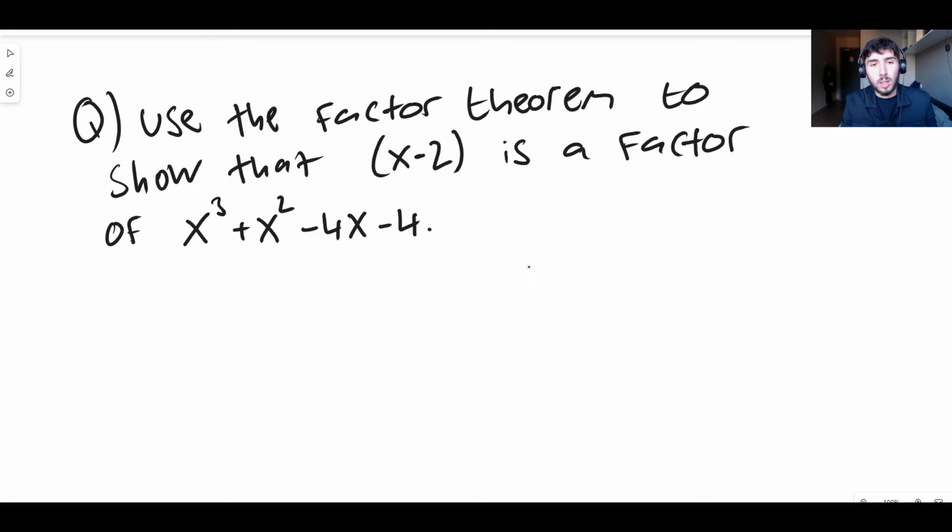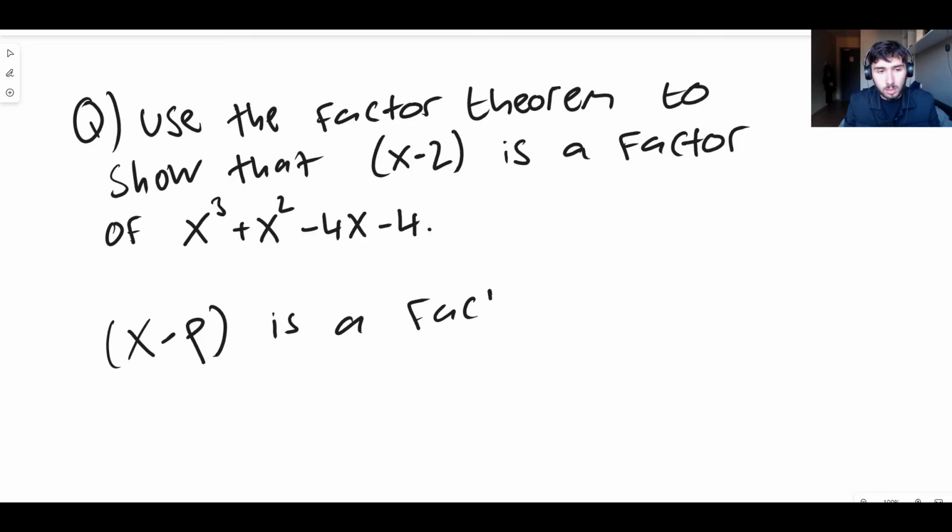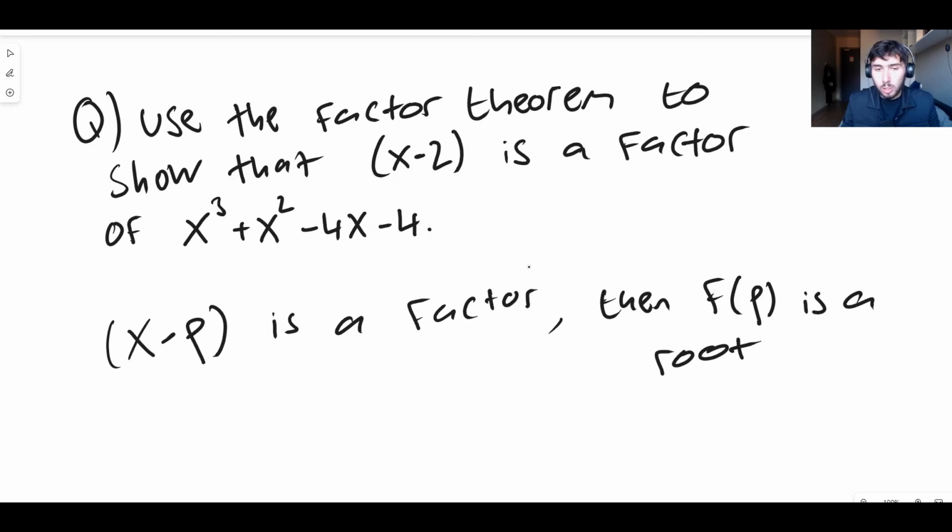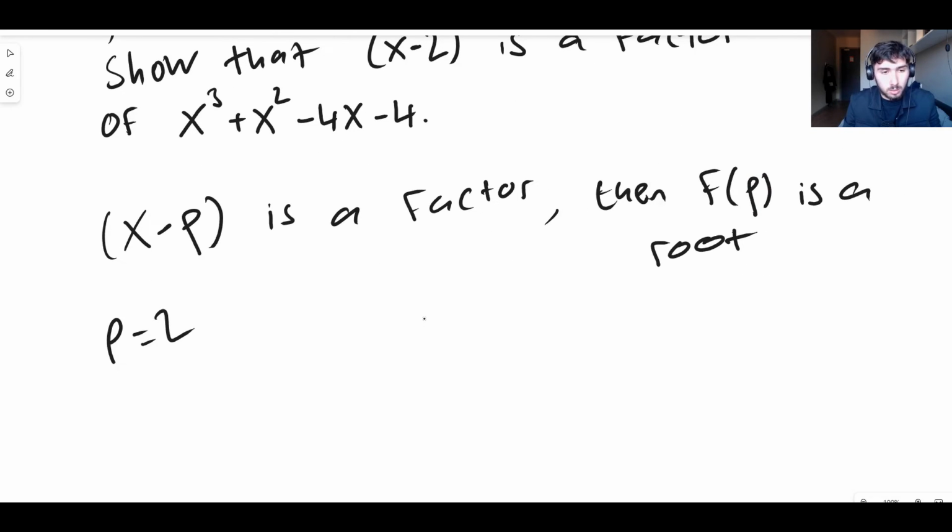We substitute in the number 2, because remember, when we have x minus p as a factor, then f of p is a root. That's basically what it's saying. Right here we have an x minus 2, so in this question p is 2, and all we need to do is substitute in for f of p.